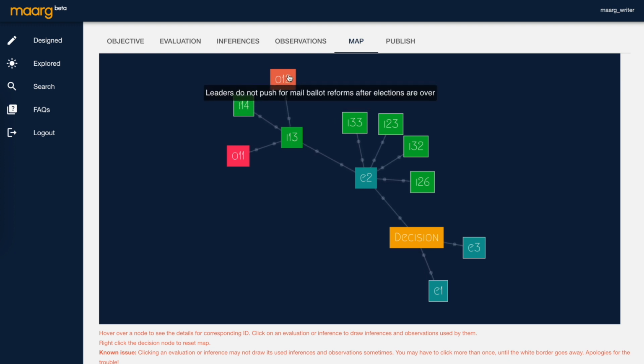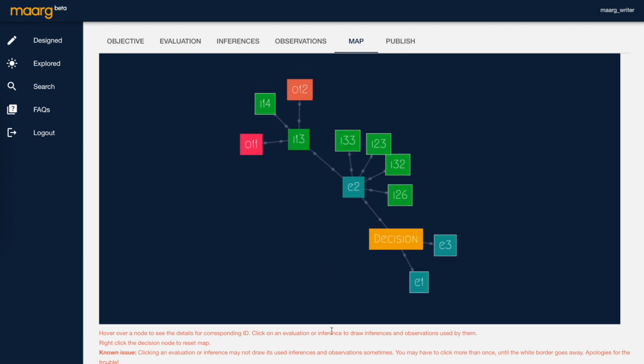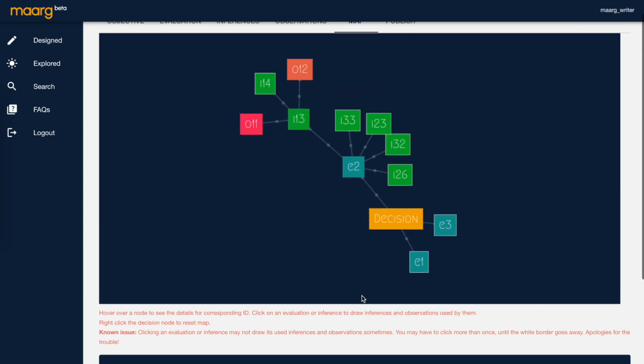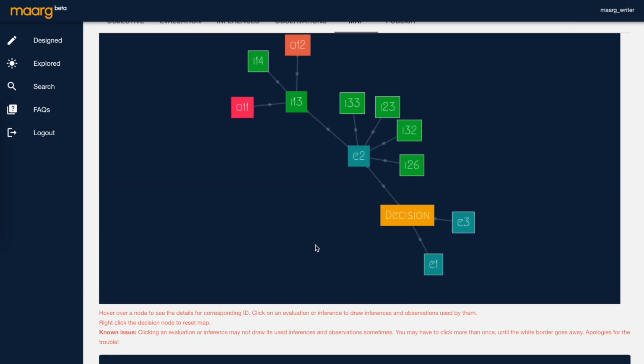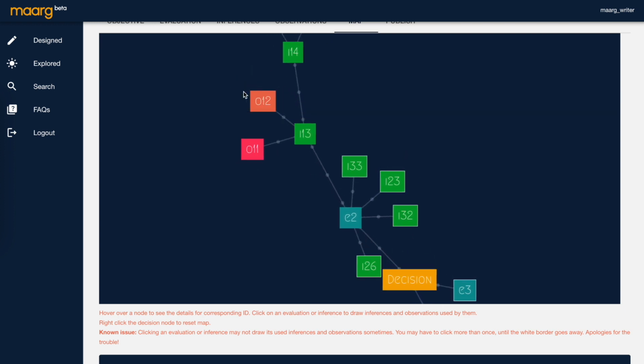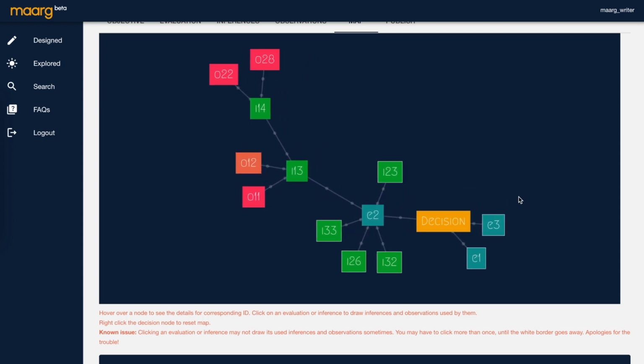This is why it's marked in orange. Out here, this one, O11, has a different meaning: it's with citation. So it's important for you to understand the path that you are taking from one inference up until your decision point.